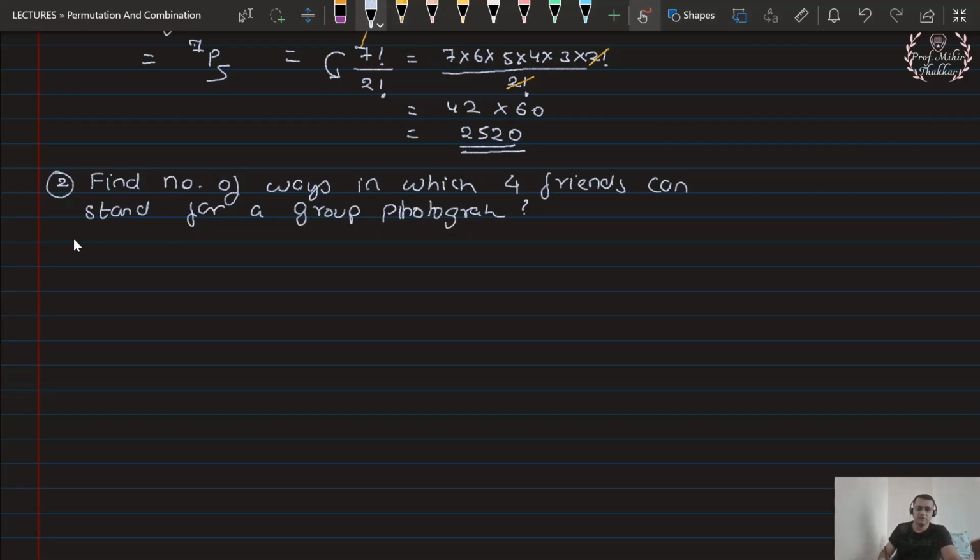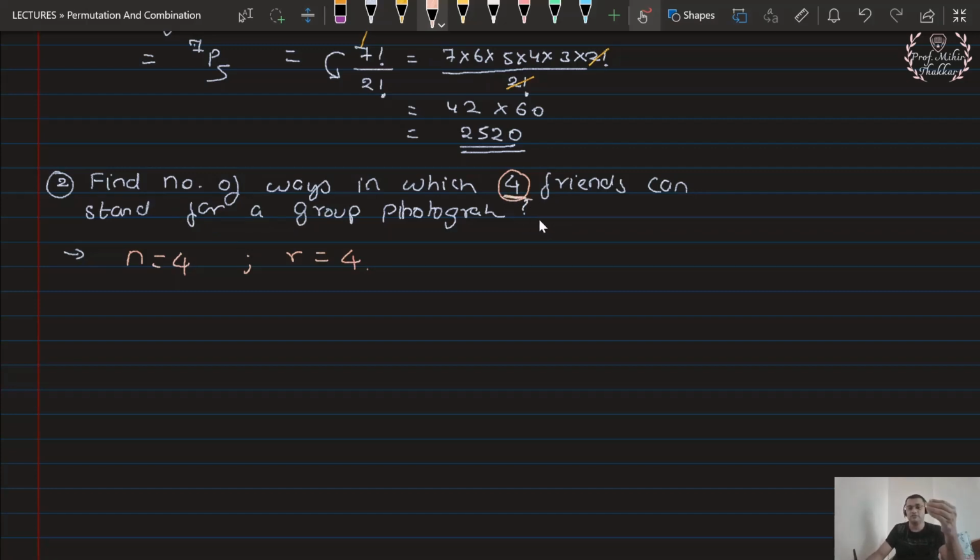So the question tells you the number of friends, that there are 4 friends, but you are not told how many have to be arranged. When you come across this kind of question, remember, whatever is the total number of objects, all of them have to be arranged. So in that case, the value of n is obviously 4, because you are told that there are 4 friends, and the r value will also be equal to 4, because the question says the number of ways in which 4 friends have to be arranged.